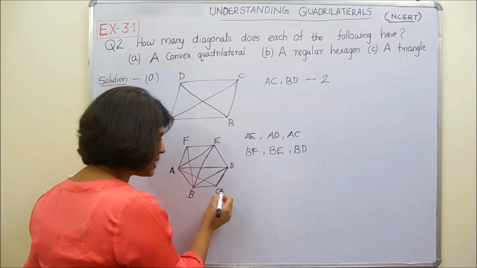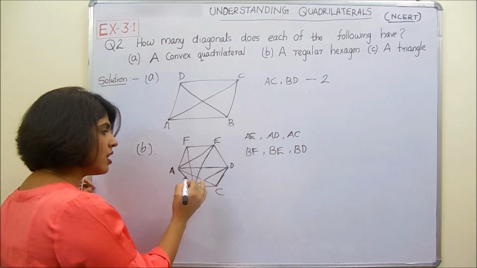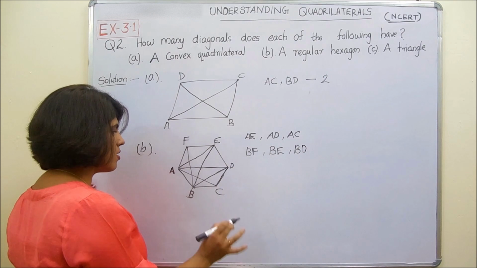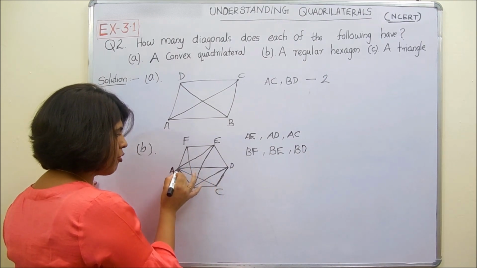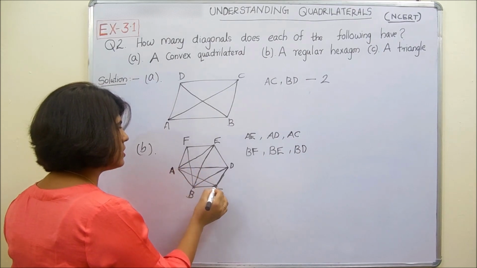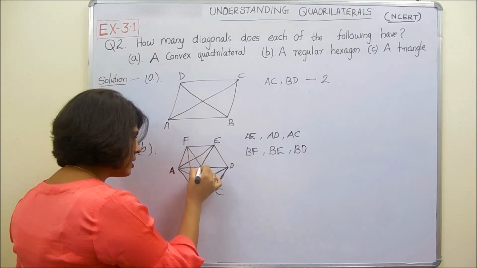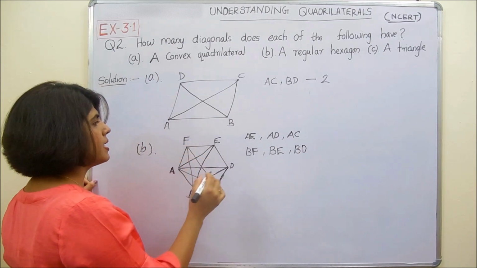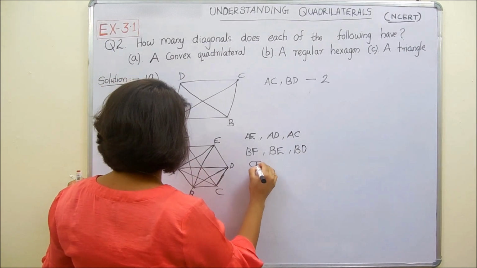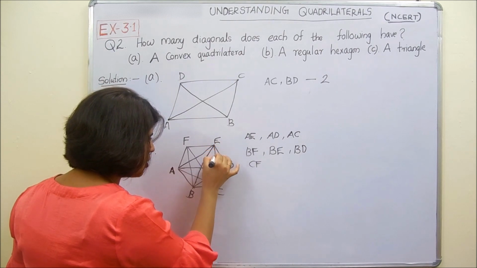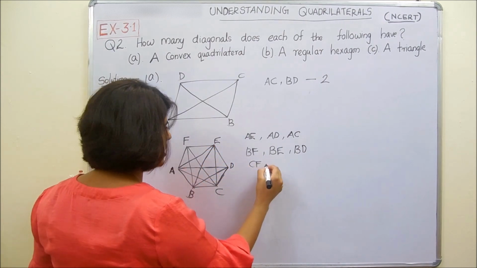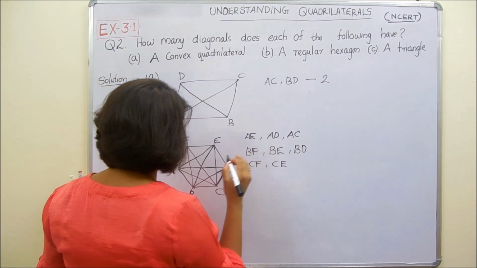Now from the vertex C, B and C are consecutive vertices, so we cannot consider that. Then C and A have already formed a diagonal. Now C and F form a diagonal CF, and C and E are non-consecutive vertices, again forming a diagonal CE.